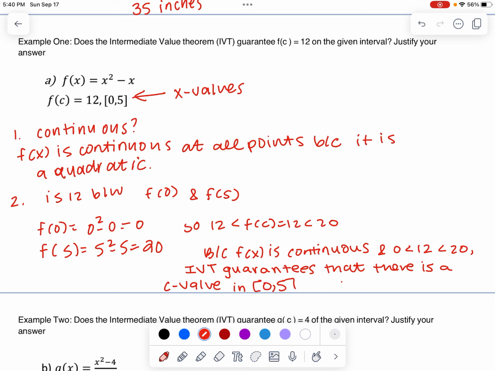So it's specifically in between those x values. There has to be an x value that goes with 12. That's what this is saying.